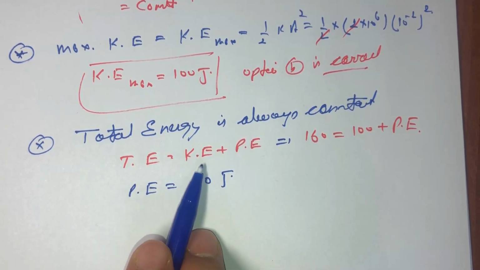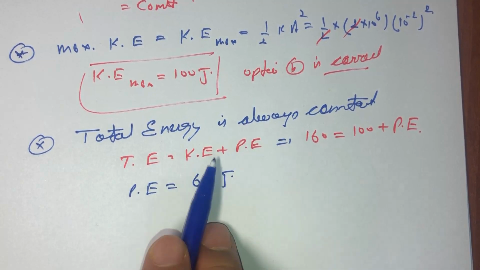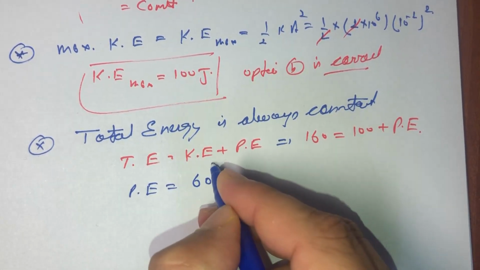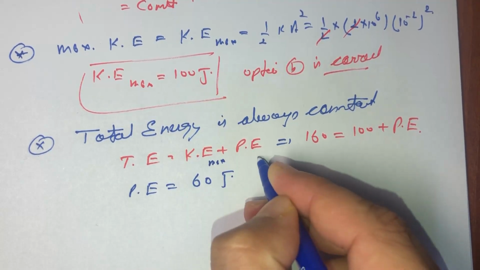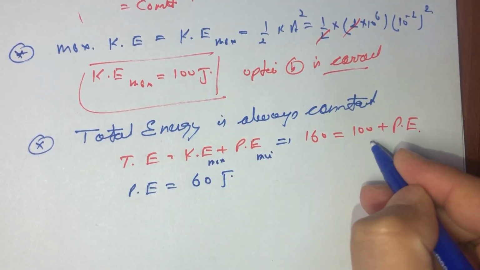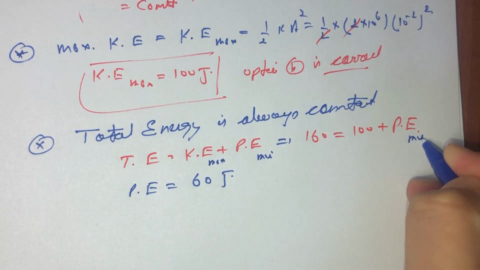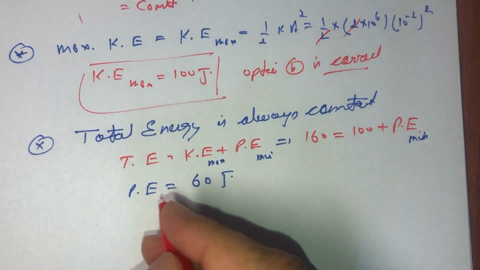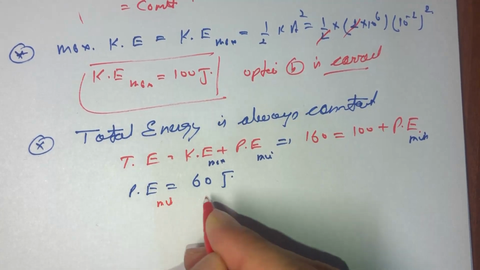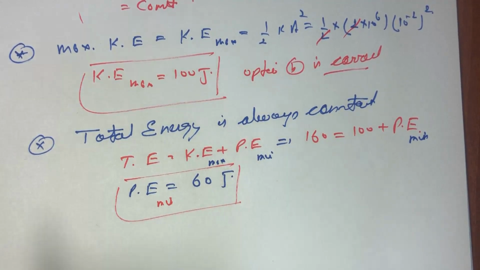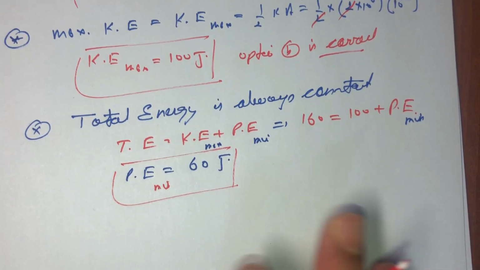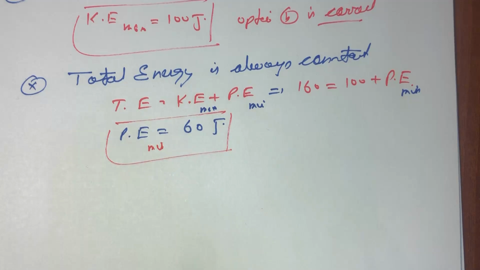If the kinetic energy is maximum, the potential energy has to be minimum. So the minimum potential energy is 60 joules. That option is not available to us, but we are going to keep it in mind.